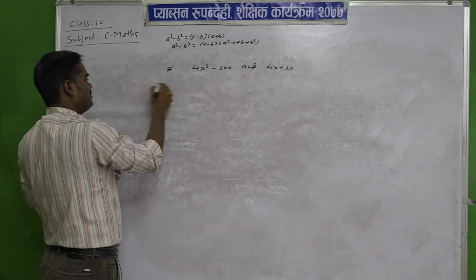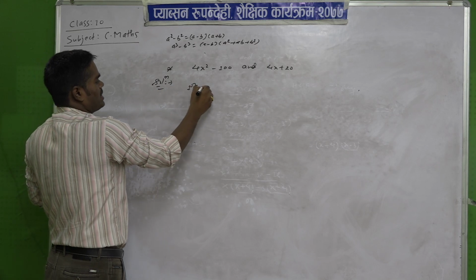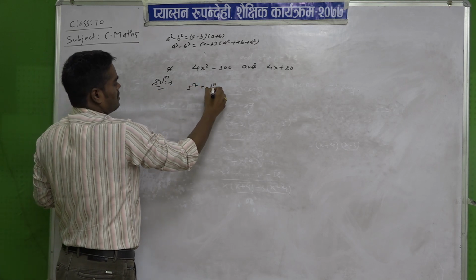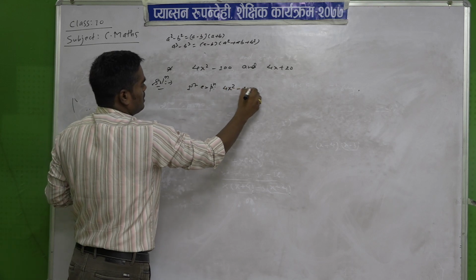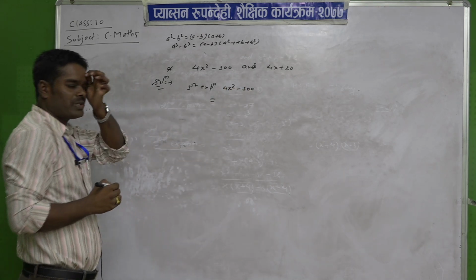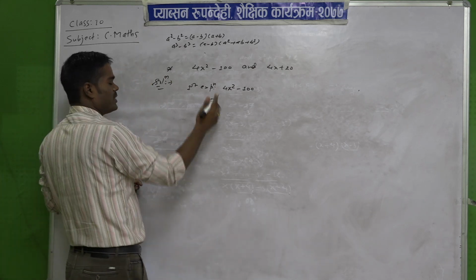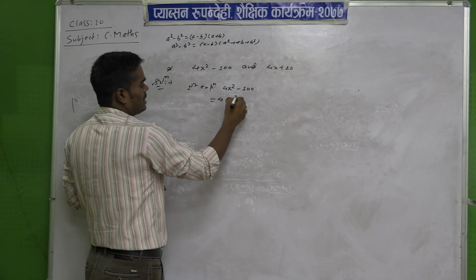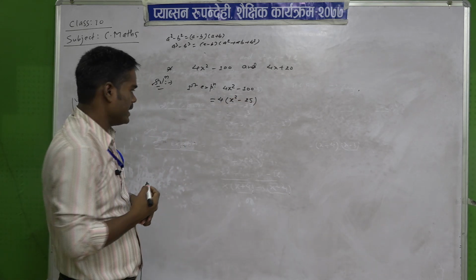So, like the same solution, first expression. What is the first expression given? 4x square minus 100. Firstly we should take the common. 4 is common. So, 4x square minus 25, 25 4s are 100.